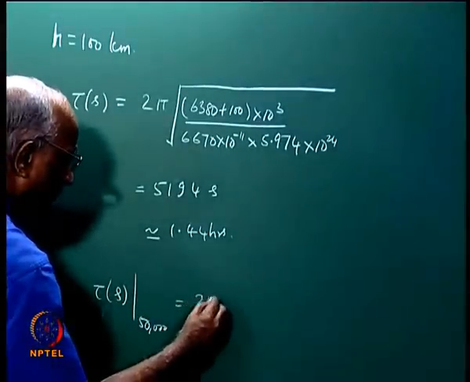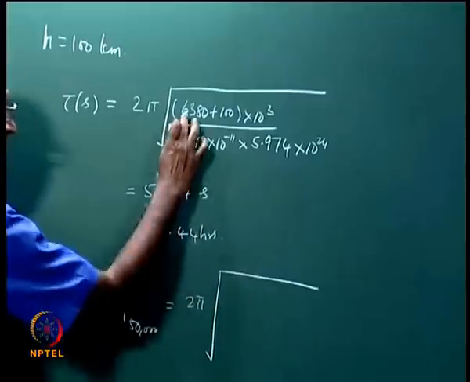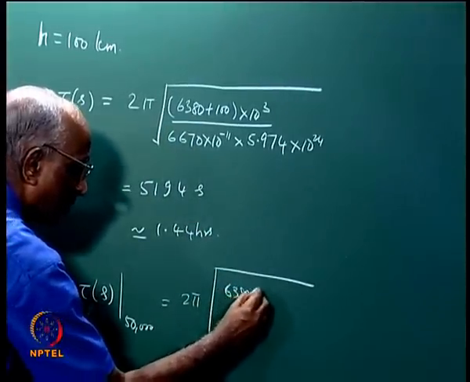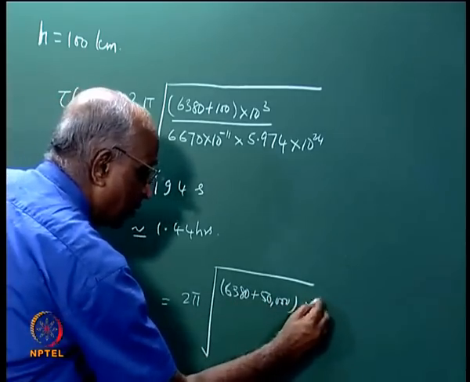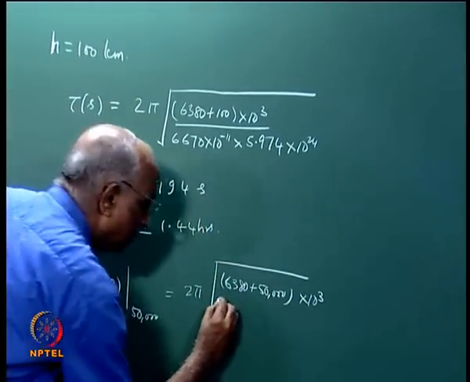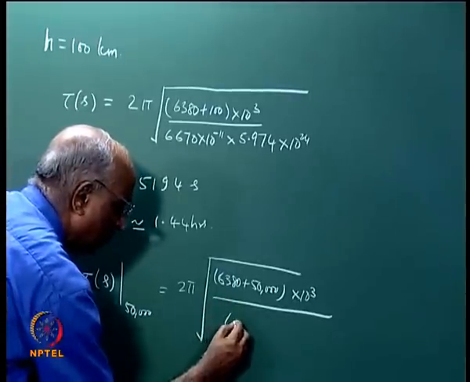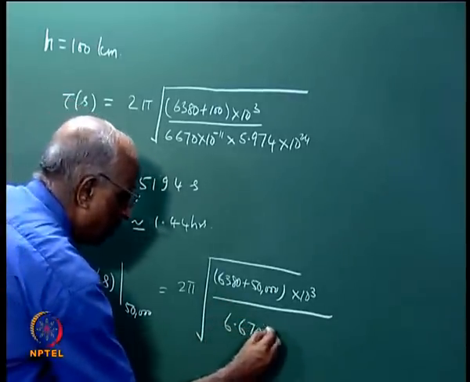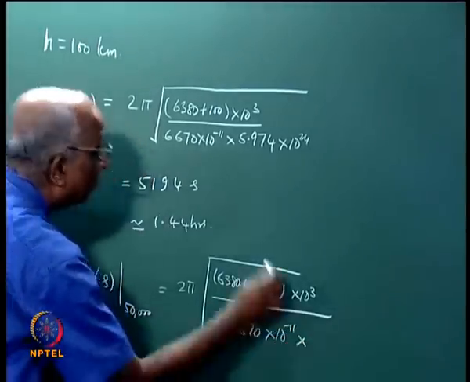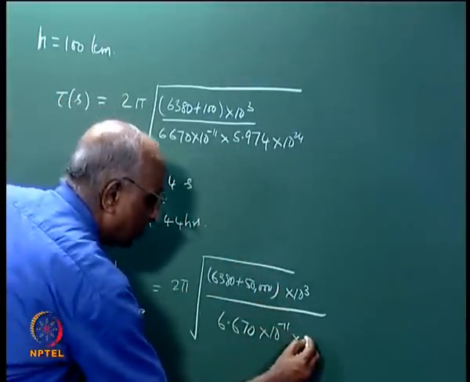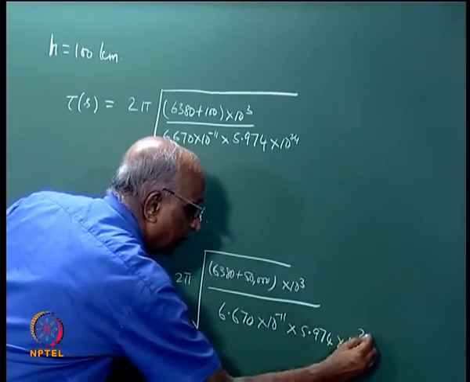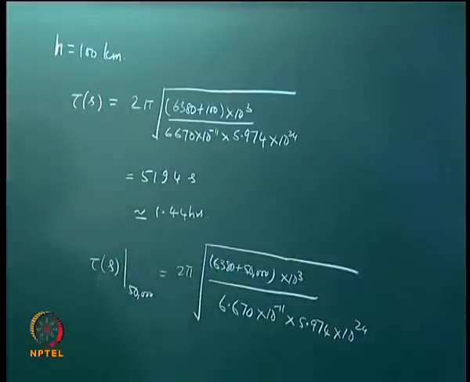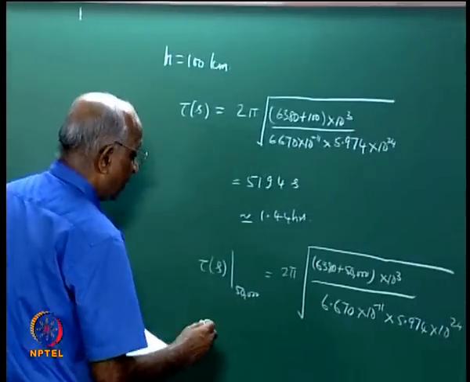I again put 2 pi into 6380 plus 50,000 kilometers, into 10 to the power 3, divided by the same value again, 6.670 into 10 to the power minus 11, into the mass of the earth, which is 5.974 into 10 to the power 24. And what does this come out to be? This comes out to be something like 35.7 hours.